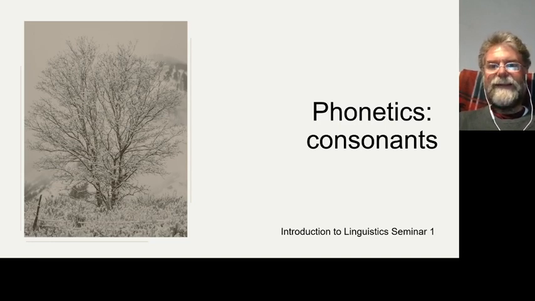This is called articulatory phonetics, and it's to do with how we actually produce language sounds. And obviously, every one of us has the relevant organs required to produce language sounds, and that's what we're going to be looking at today.